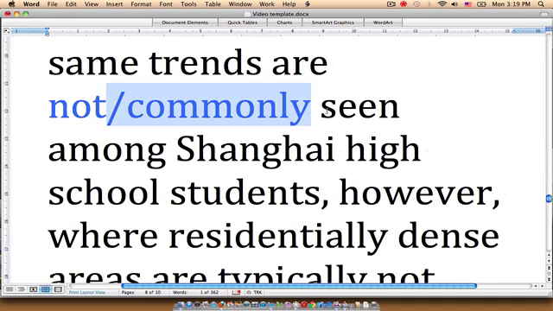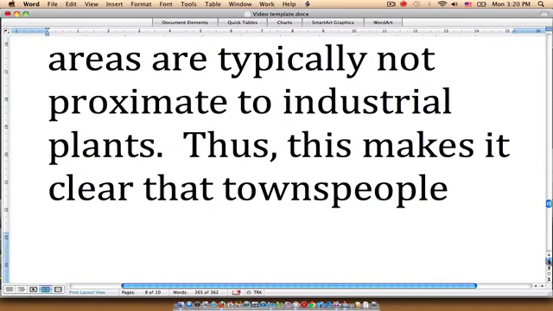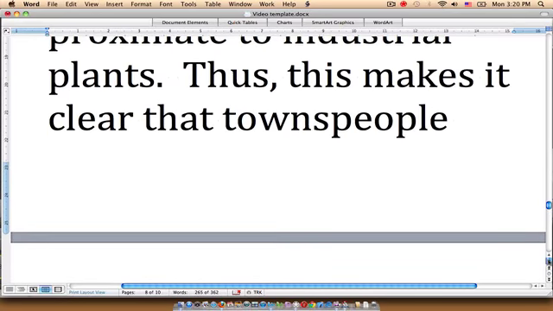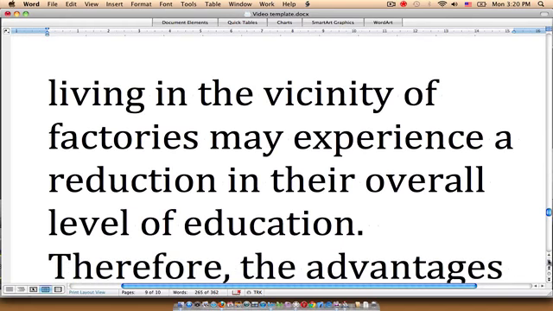Commonly seen would just mean that this is something that is normally seen in Shanghai. So not seen. Thus, this makes it clear that townspeople living in the vicinity of factories may experience a reduction in their overall level of education.